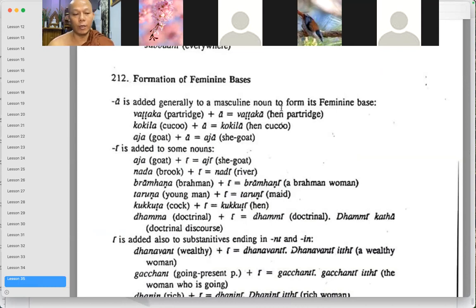So some masculine nouns can become feminine by adding the R. In this way. So for example here, woodaka. Woodaka means partridge, and by adding the suffix, hen partridge. And gogila means cuckoo, or gogila means hen cuckoo. So in this way. And aja means goat, or aja means she goat in this way.